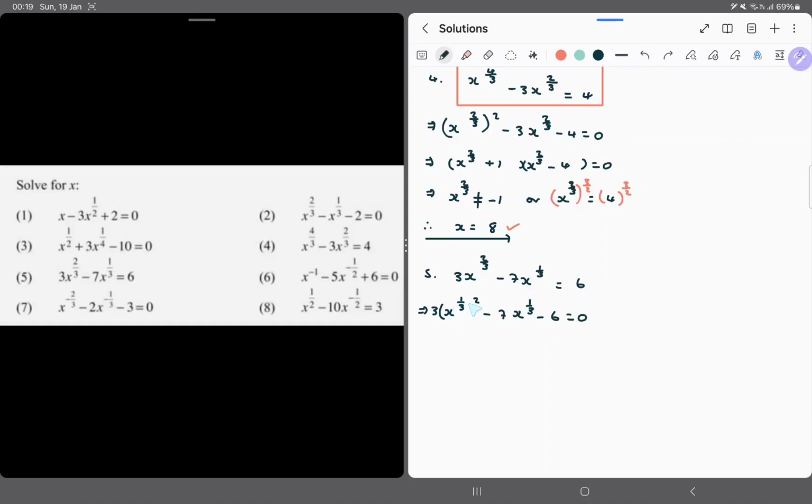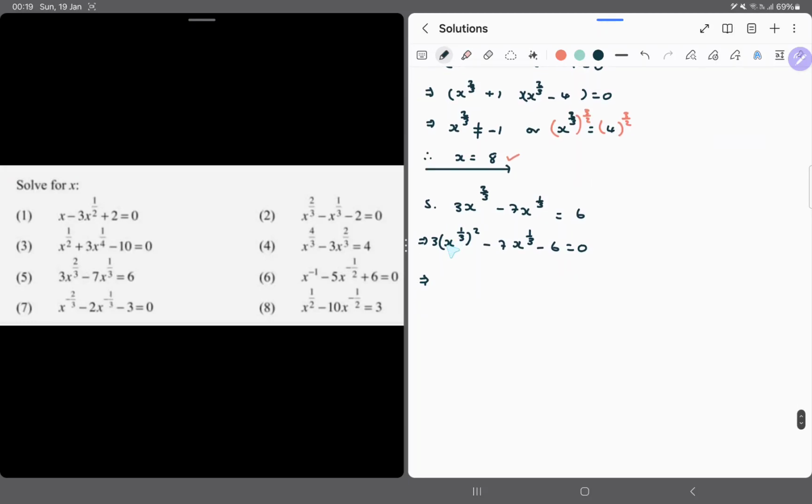Okay, not a problem. So this implies, what do we do? We can factorize. This is going to be 3x to a third into x to a third. So 6 to give me 7 is going to be minus.